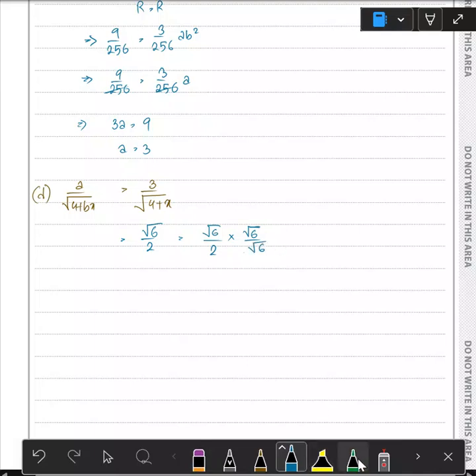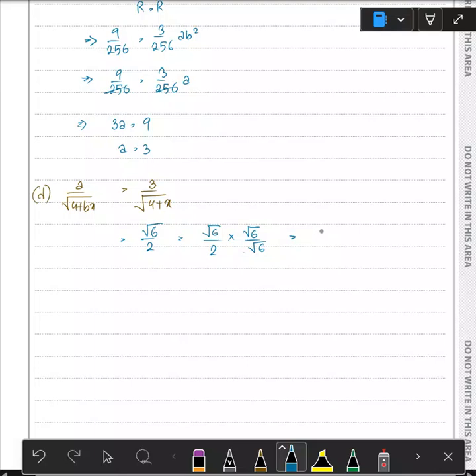Or you can simply multiply this by root 6 over root 6, because at the end the roots cancel and you will be left with root 6 by 2. So we are doing this in order to bring a root in the denominator.